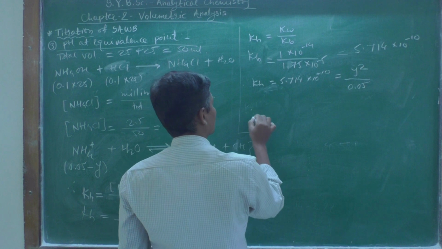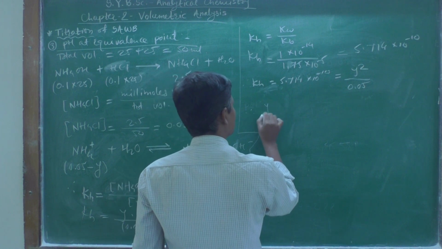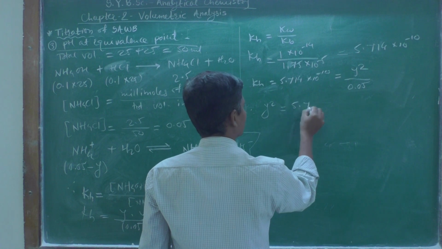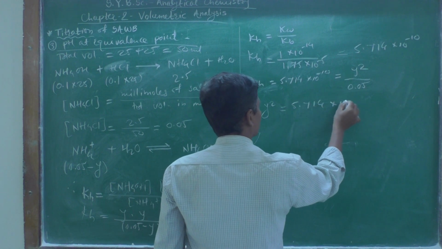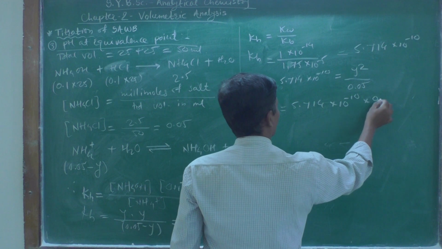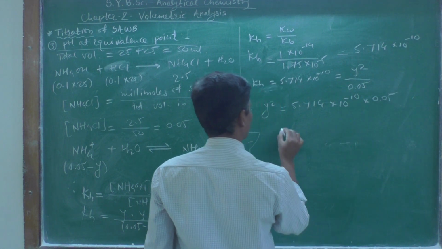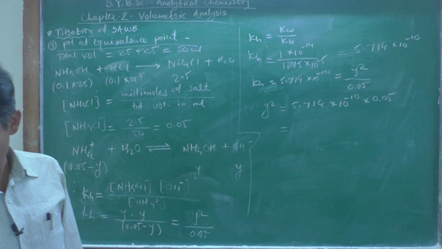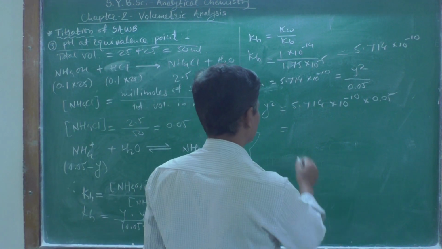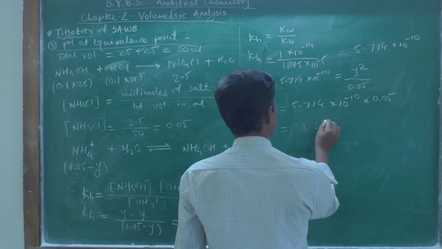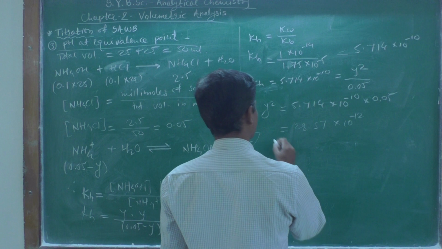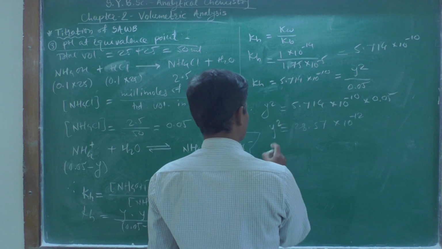So therefore y square is equal to, by cross multiplication, 5.714 into 10 raised to minus 10 into 0.05. The multiplication of these two becomes 28.57 into 10 raised to minus 12. So this is y square.